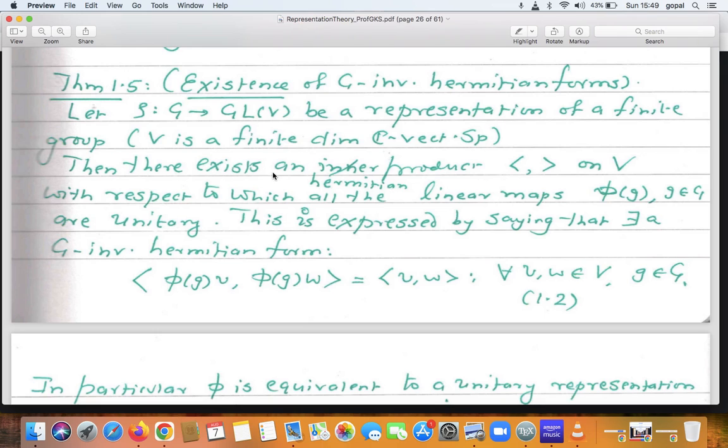Now we want to show there is a Hermitian product on V with respect to which all the linear transformations phi G are simultaneously unitary. In other words, there is a G invariant Hermitian form. That means the product of phi G V and phi G W is the same as the product of V and W.